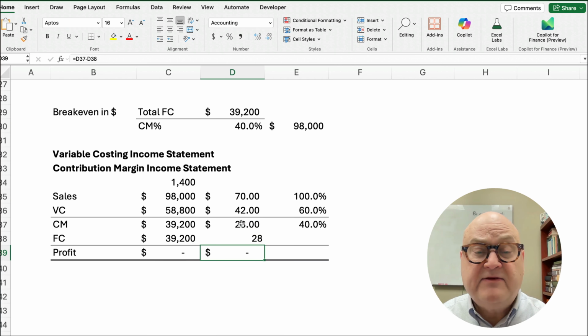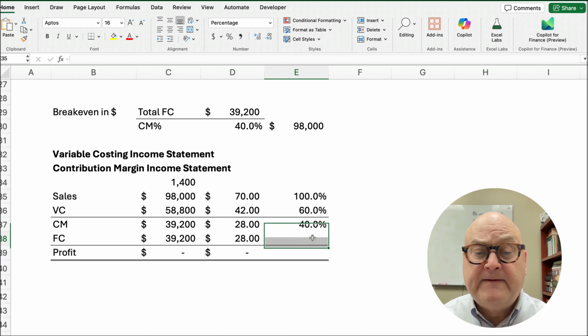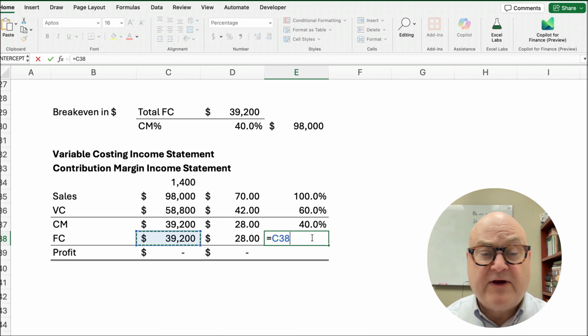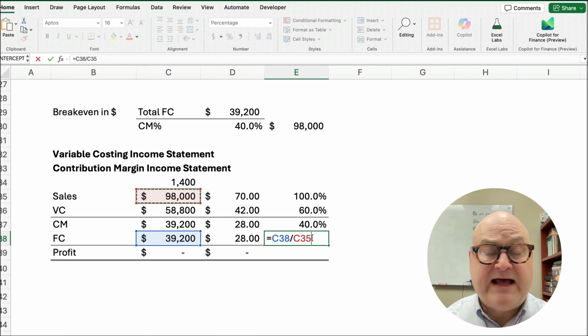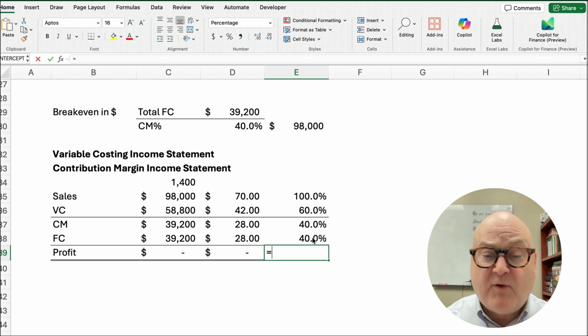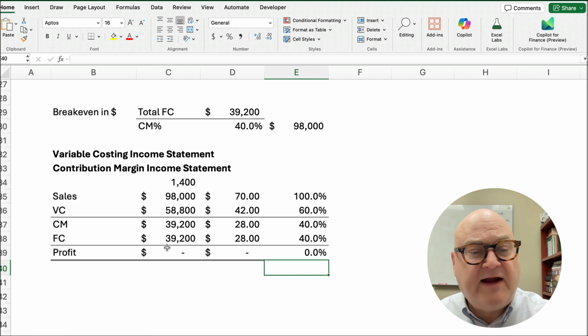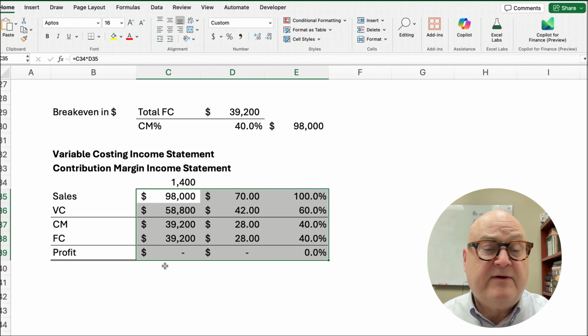So I'm going to make these dollar amounts. And the same thing for percentages. I'm going to make all this percentages. So we could take the 39,200 divided by the 98,000, and that'd be 40%, and then 40 minus 40 is 0. So this is not very exciting right now, but it shows what happens when we have the break-even point.